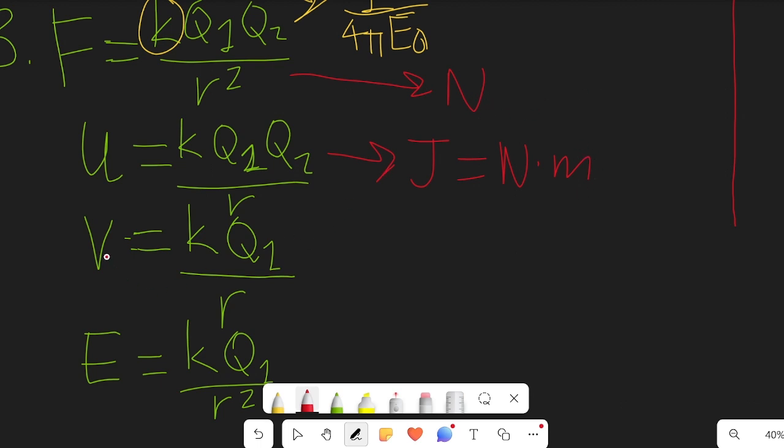And if you look here, potential is in units of volts, which equal joules divided by coulombs, which also equal newtons times meters divided by charge. We can see here we omitted meters from the denominator, and we also omitted a charge from the numerator.